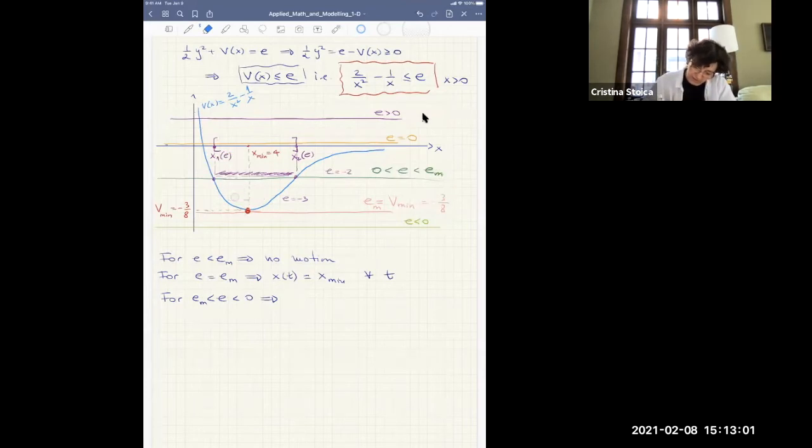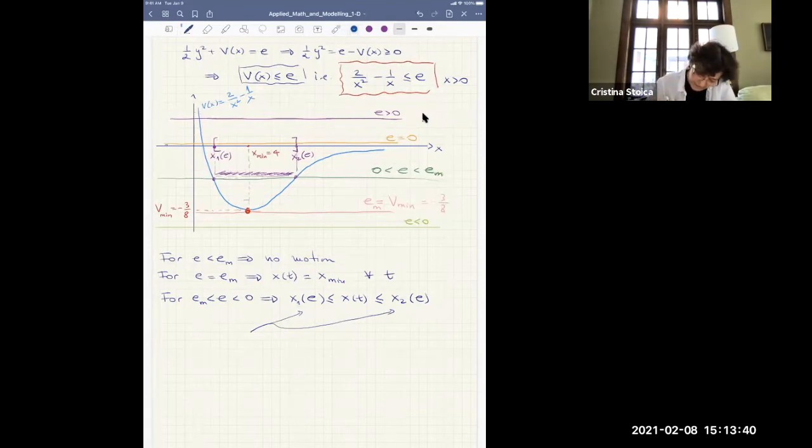So now I can say that for energies in between E_m and 0, x(t) stays bounded between a maximum value and a minimum value, and these maxima and minima depend on the level of energy. If I ask how these are determined: they are intersections of E with the blue curve.